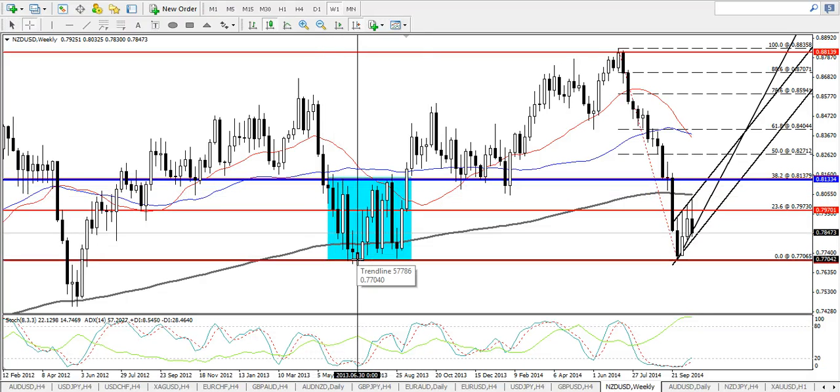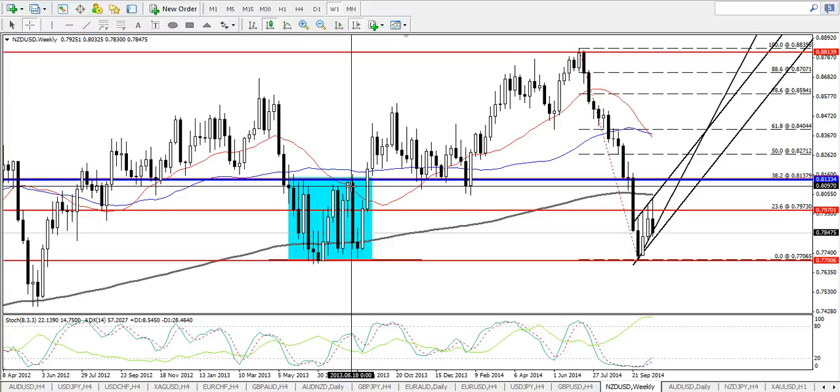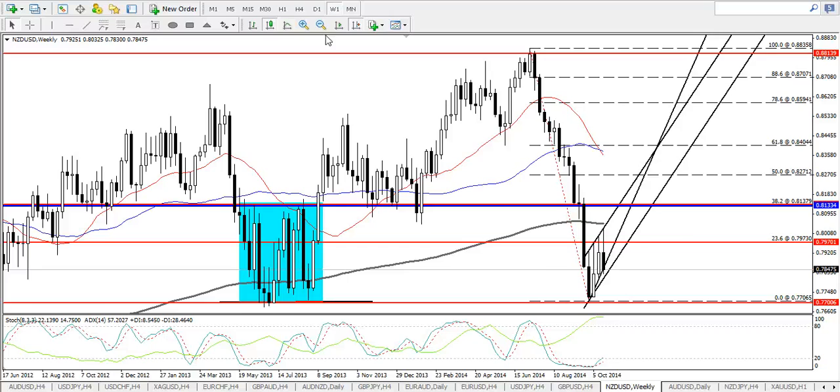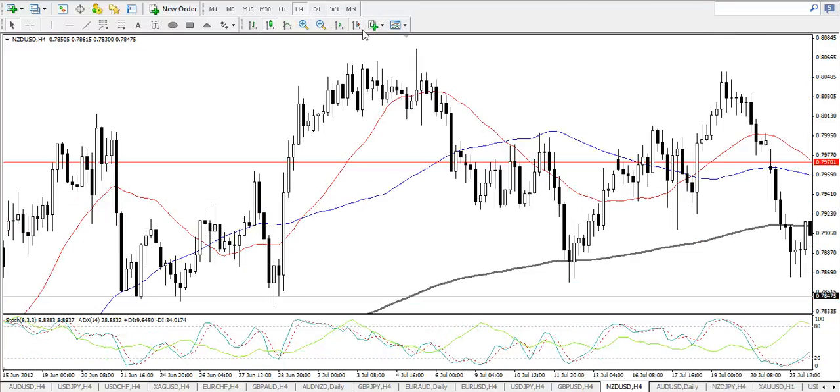When price reaches 0.7700, it tends to rebound all the way back to the top at the price of 0.8133. This is based on the previous pattern, and right now the same thing is about to happen again. Okay, so that is for the New Zealand dollar against the US dollar.